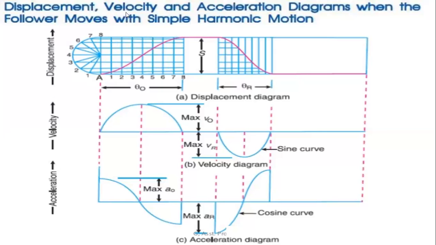After drawing the perpendiculars like that, at the intersection of the first line and the first horizontal line, a point is obtained. Next, the second horizontal line and the second vertical line. Similarly for each point in the similar positions, that is 2, 3, 4, 5 and 6. So the second point in the horizontal position and the vertical position, the third point in the horizontal and vertical position, the fourth point in the horizontal and vertical.